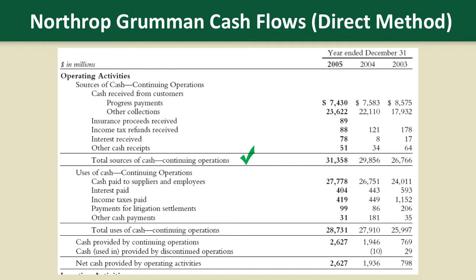The other one is the cash outflows, which they call total usage of cash. So basically, they list all the cash inflows in the first subsection, then subtract all the cash outflows in the next subsection, and then reach the net cash provided by operating activities.